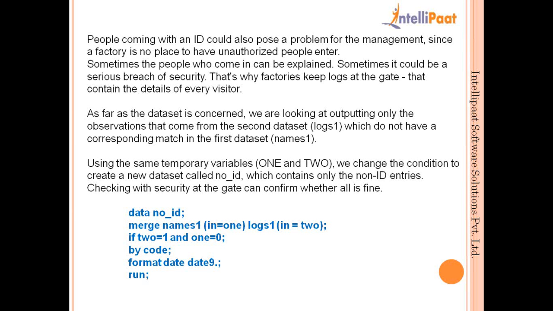As far as the data set is concerned, we are looking at outputting only the observations that come from the second data set, logs, which do not have a corresponding match in the first data set, names. Using the same temporary variables in1 and in2, we change the condition to create a new dataset called noid, which contains only the non-ID entries.